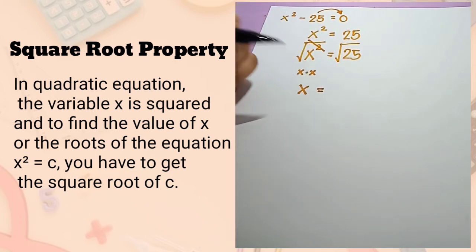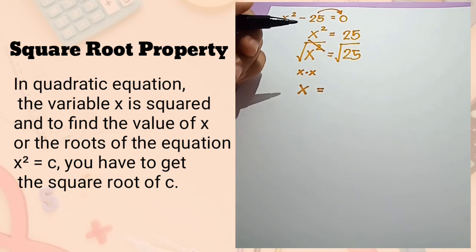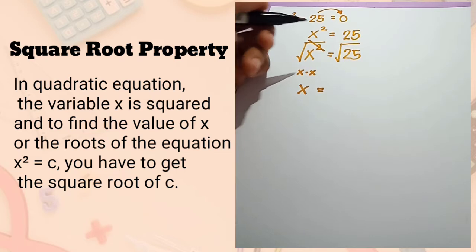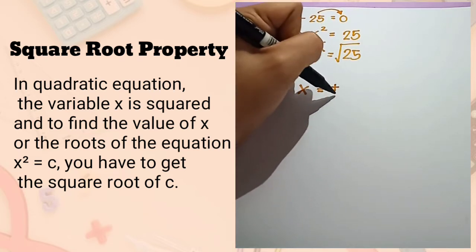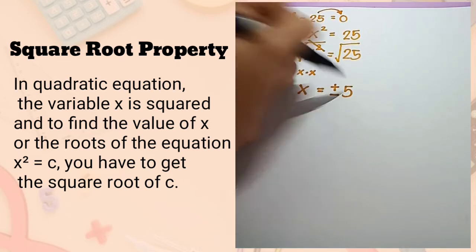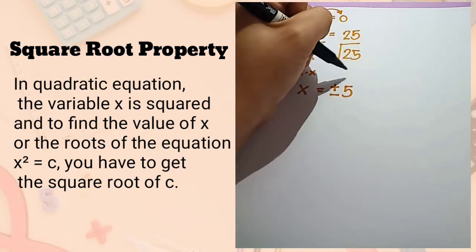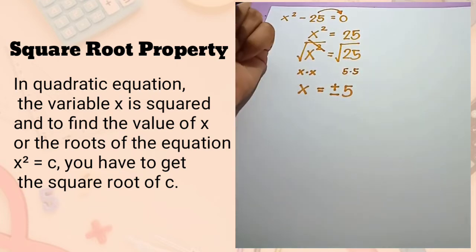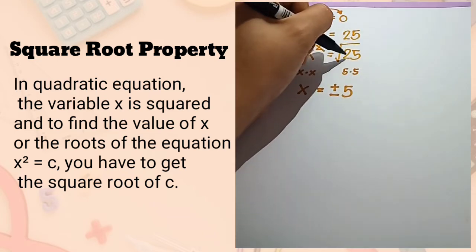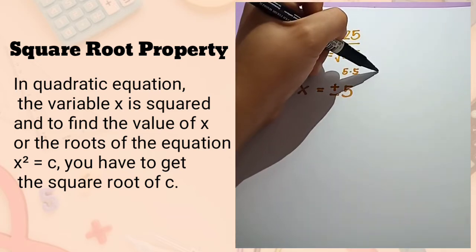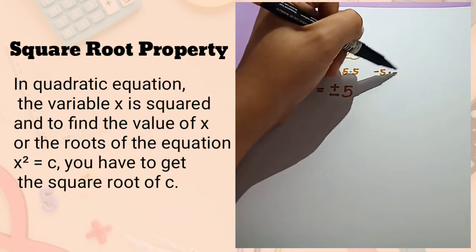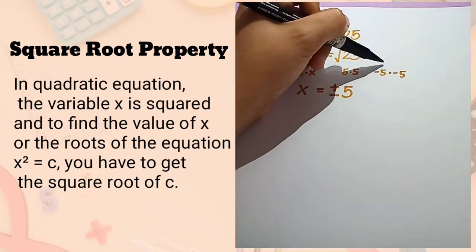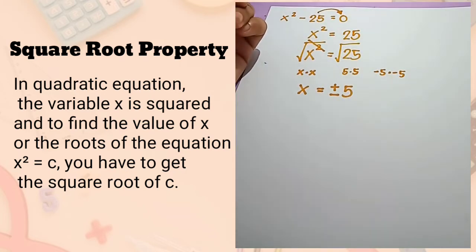Then equals. What is the square root of 25? It's either positive or negative 5. Bakit kaya? Because when we multiply 5 times 5, it is equal to 25. When we multiply negative 5 times negative 5, ganun pa rin, positive 25 pa rin yung kanyang answer.